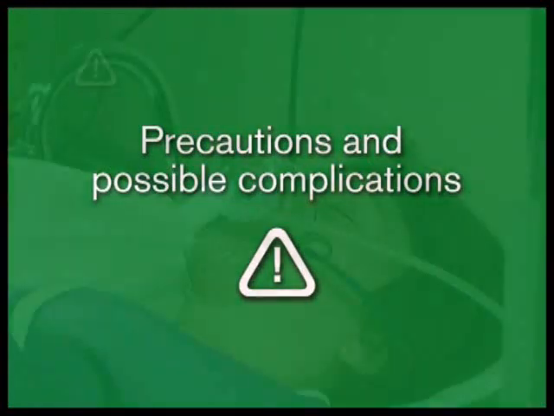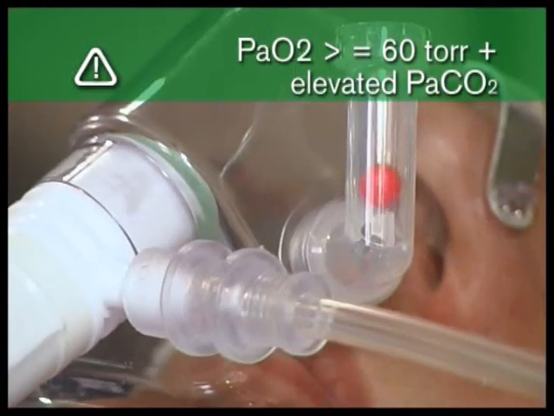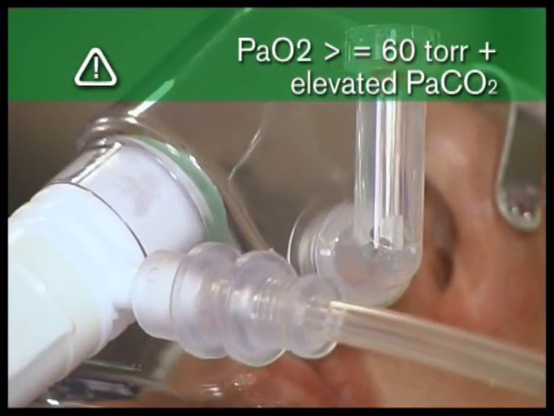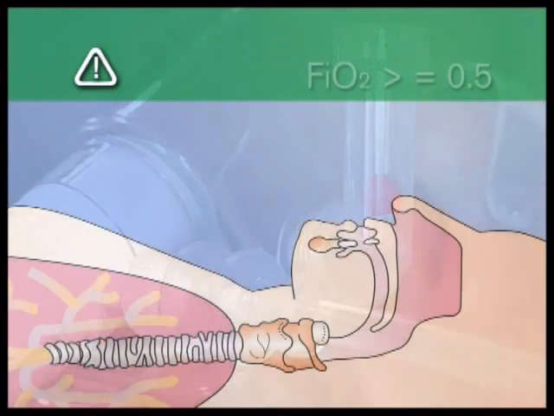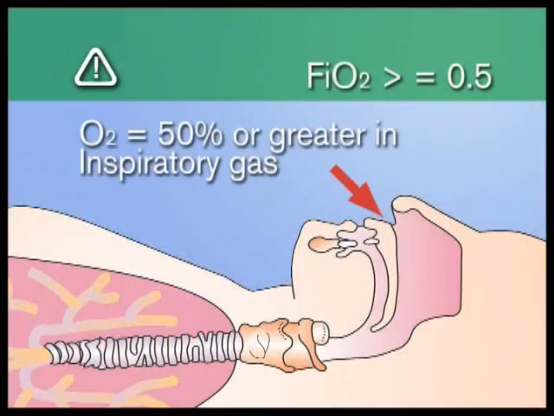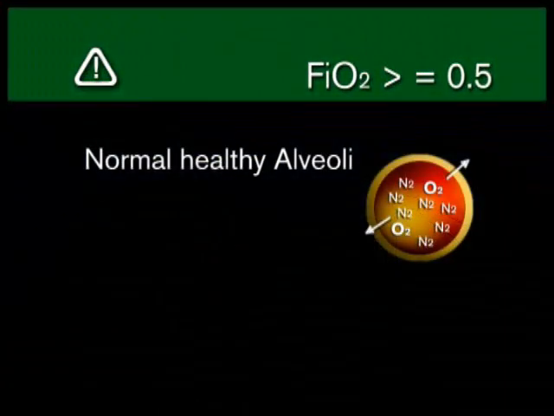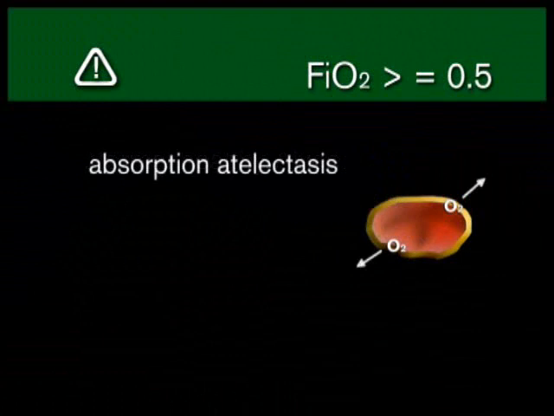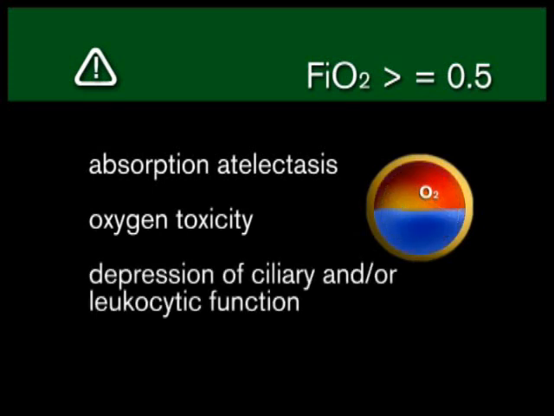With a PaO2 greater than or equal to 60 torr, ventilatory depression may occur in spontaneously breathing patients with an elevated PaCO2. With FiO2 greater than or equal to 0.5, absorption atelectasis, oxygen toxicity, and/or depression of ciliary and/or leukocytic function may occur.